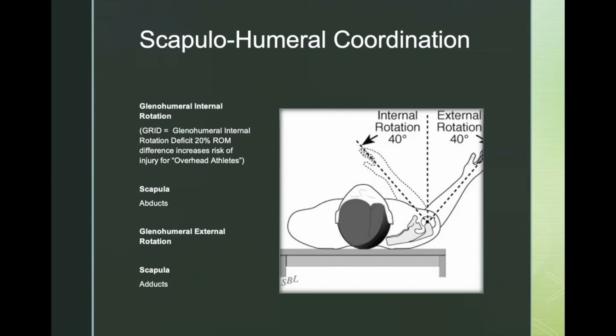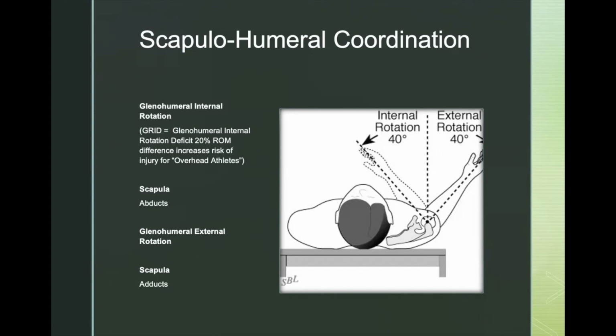So you'll read about that if you haven't already in the MSK book, that an internal rotation deficiency of 20% or more increases that risk of injury. So we want to make sure that our athletes are nice and strong and flexible in that internal rotation.